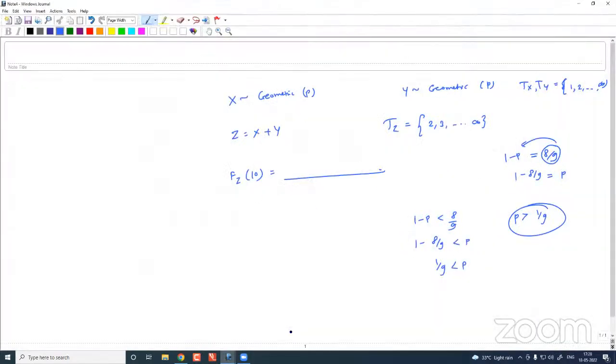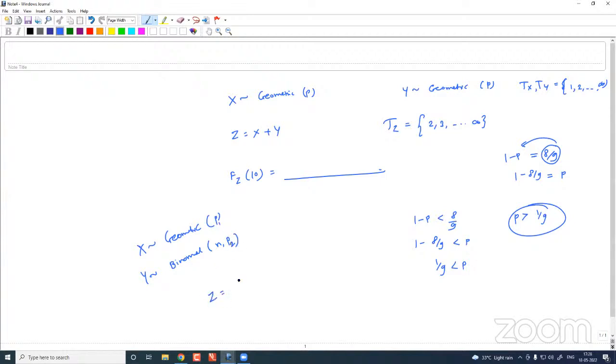Suppose X is geometric with some parameter p, and Y is binomial with some n, p. This p is different, so I'll say p1 and p2.